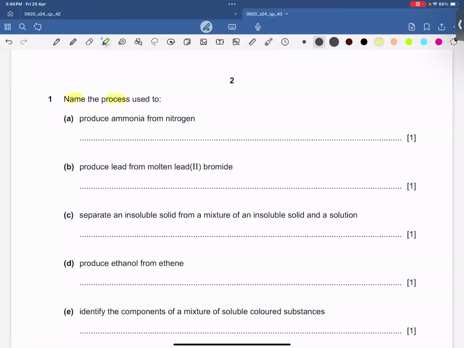Name the process used to produce ammonia from nitrogen. Haber's process. Produce lead from molten lead bromide. Electrolysis.